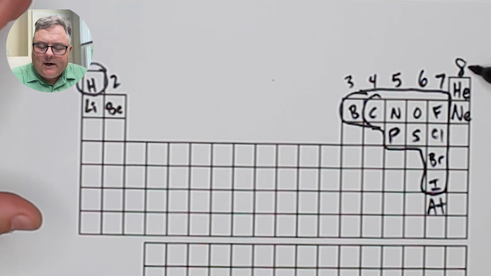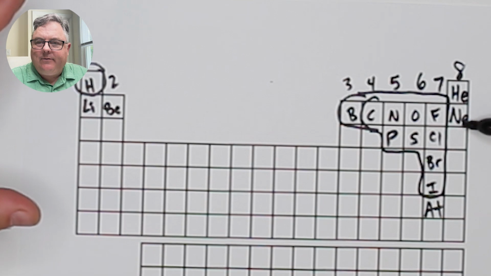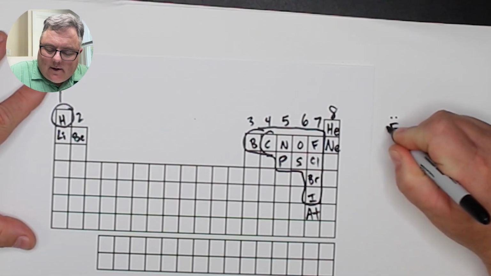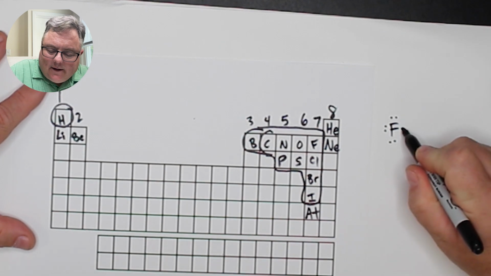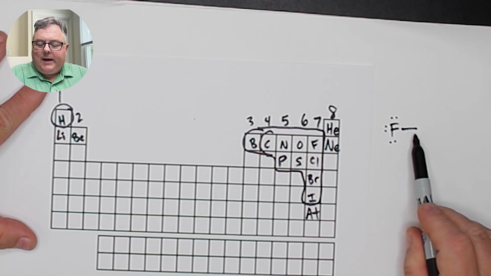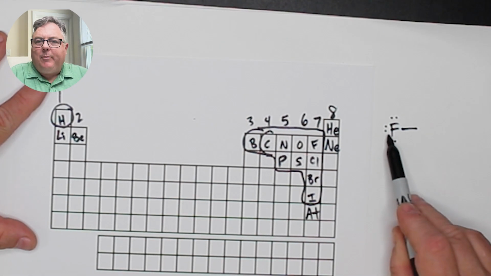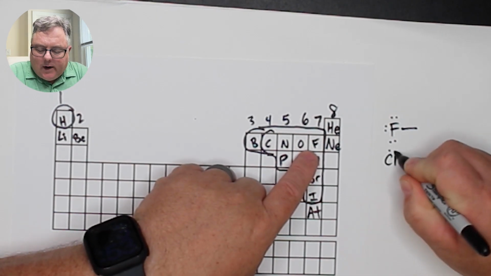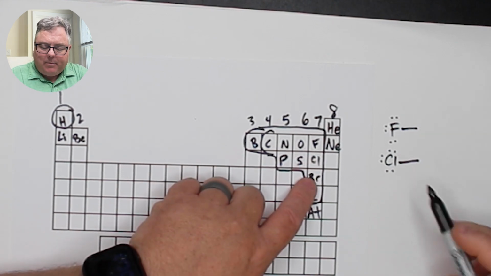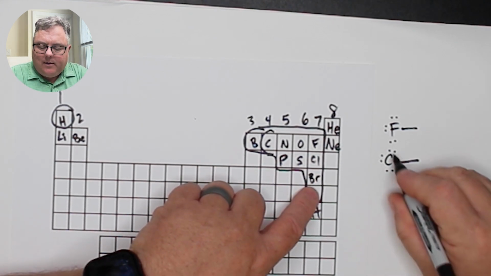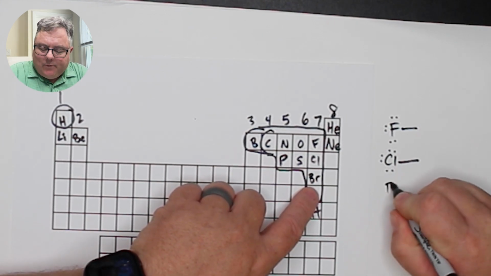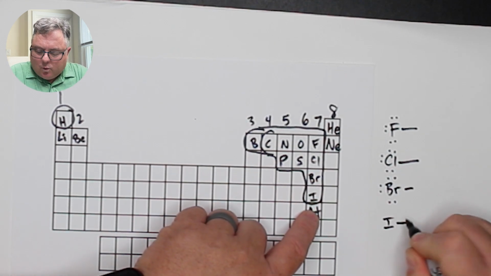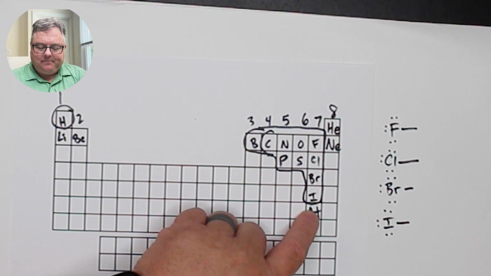So it wants one more electron to get to 8 to be like this stable neon. So what happens to fluorine, it starts off with 7 and it likes to make one bond. So now it has 2, 4, 6, 8 available to it. It likes to make one bond normally. So fluorine and chlorine, normal bonding for chlorine would be one bond and 3 lone pairs of electrons. Normal bromine would be the same. All of these want just one more bond to be happy.